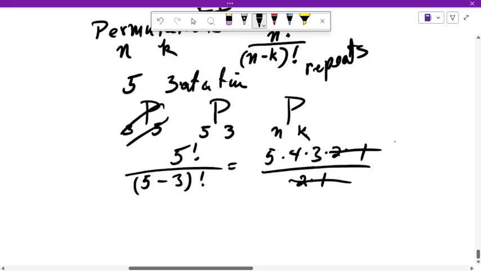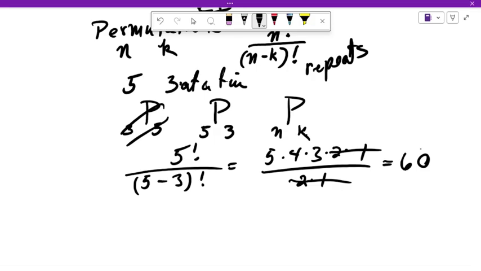This goes there, takes that out, and I have 60 ways I can get 3 things out of 5 without repeats, but order matters.